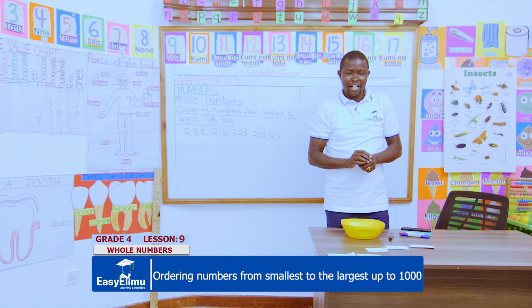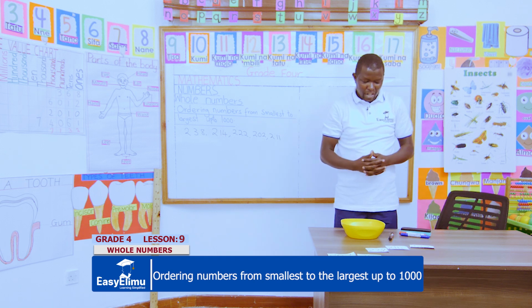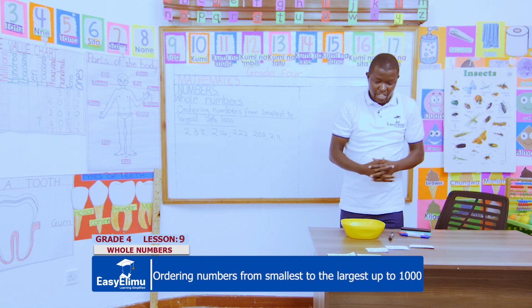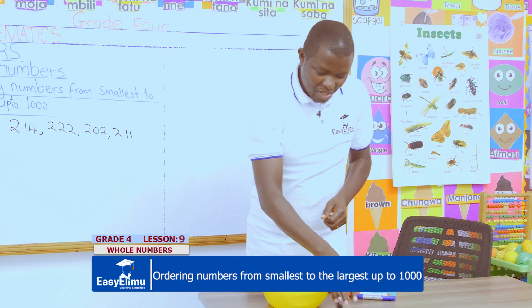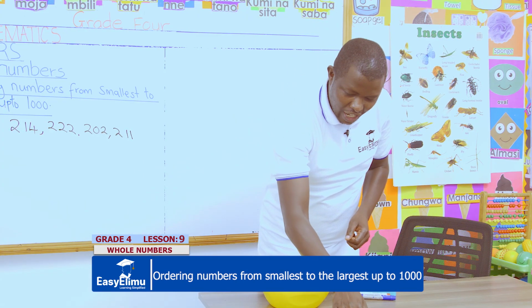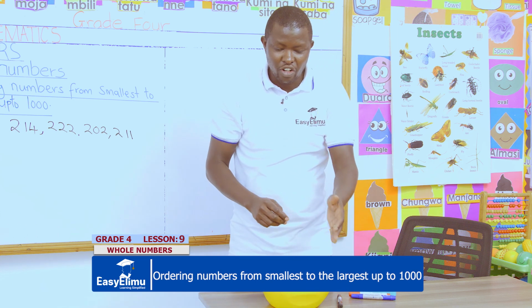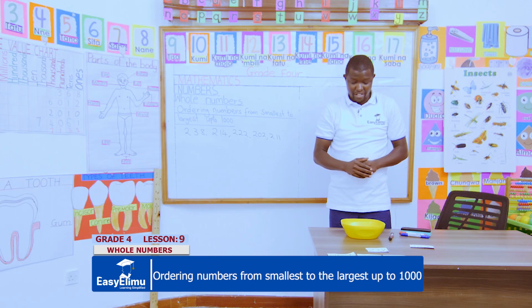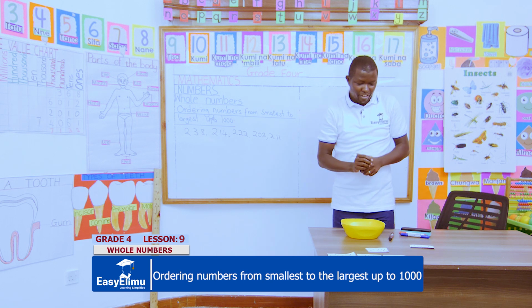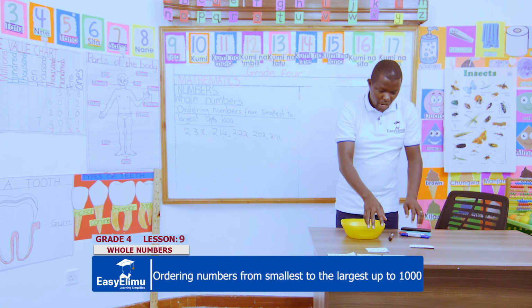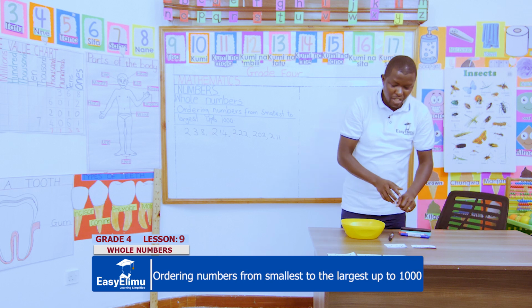The third number, Victoria. Which number comes after 211? The number that comes after 211 is 214. So we'll arrange 214 to follow 211. And the fourth number from John. Now we are remaining with 238 and 222.